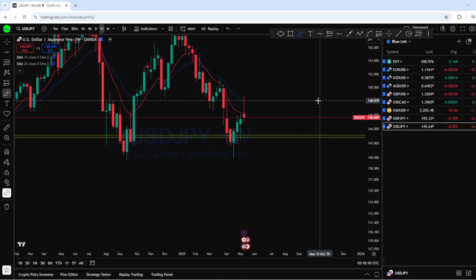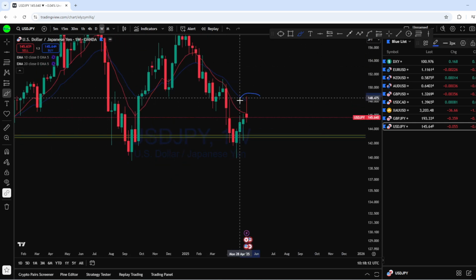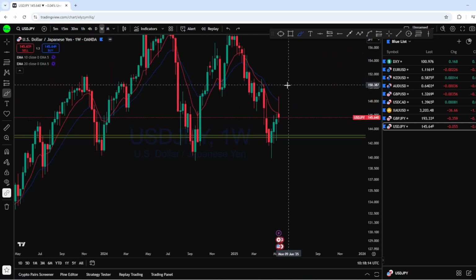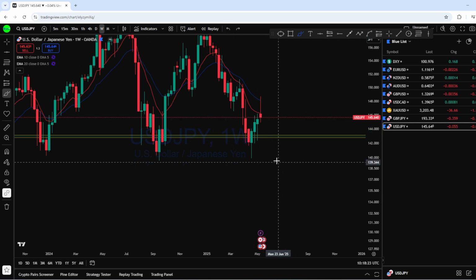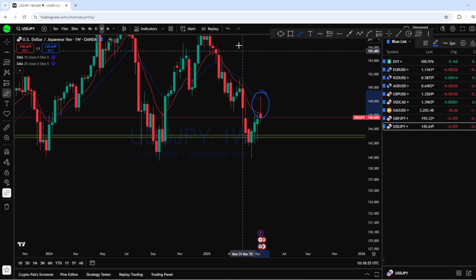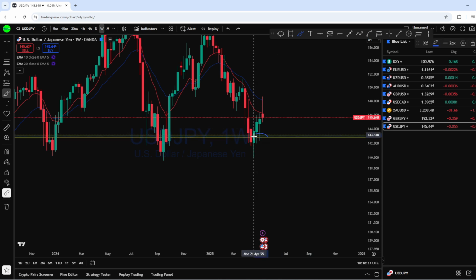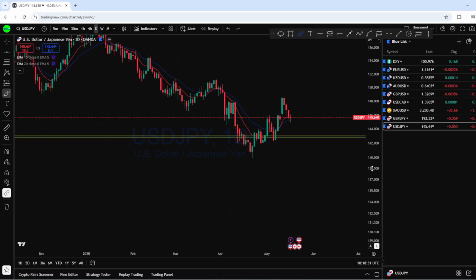Now if we look at the weekly chart here on dollar yen, we see there's a weekly pin bar which is a sharp rejection, and the trend is still maintaining the downtrend here. We can expect the market to drop again, as there is a big rejection here from this resistance line. This is the monthly support, and we are expecting this week as well the market to remain bearish.